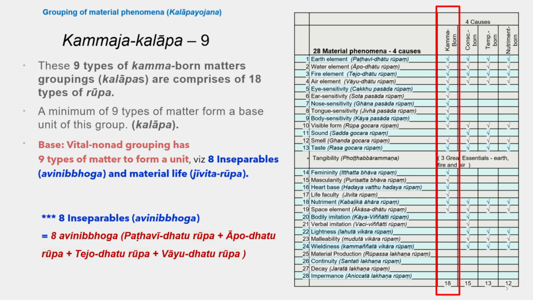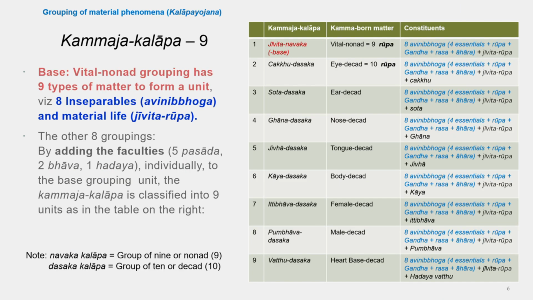Then included is material phenomena like the Jivita. Without this one, you cannot live. Our Jivita must be strong in order to sustain living. So the Kamma one needs eight plus one, Jivita.